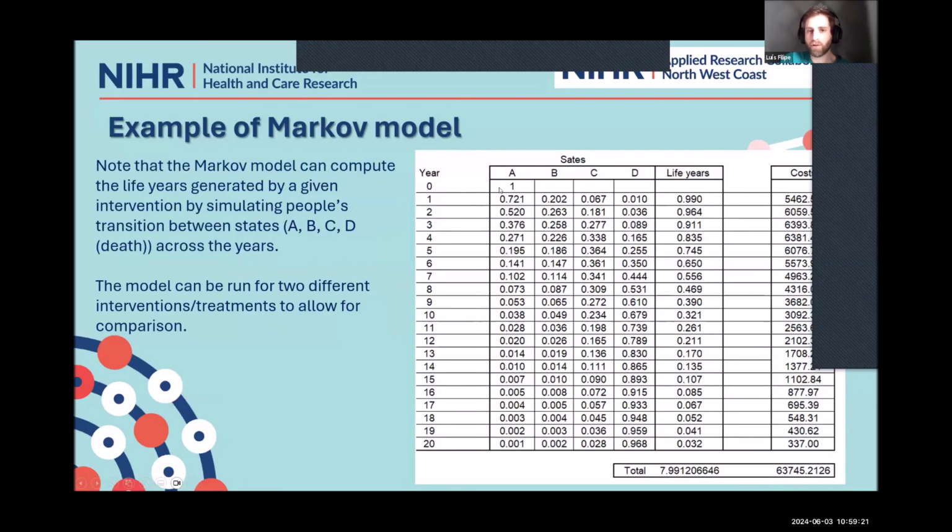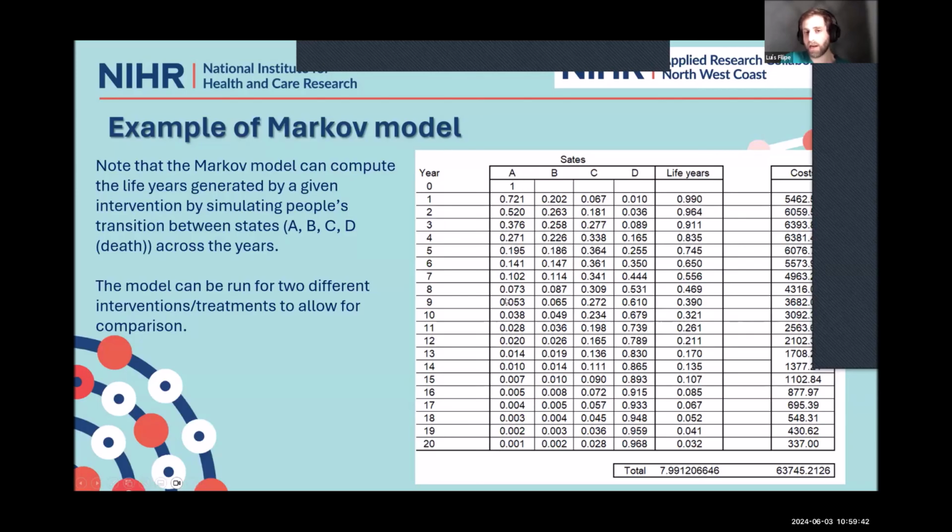They start here, one is basically 100%, and everyone is in A, and then they start moving. So less people are in A, more people now are in B and C and D. So they start moving, and you will see that A is going to be reduced across here. So this is each year.